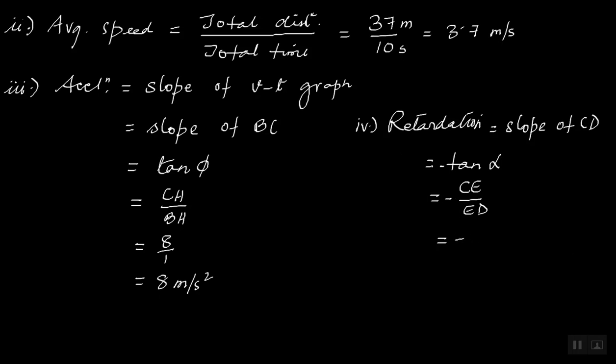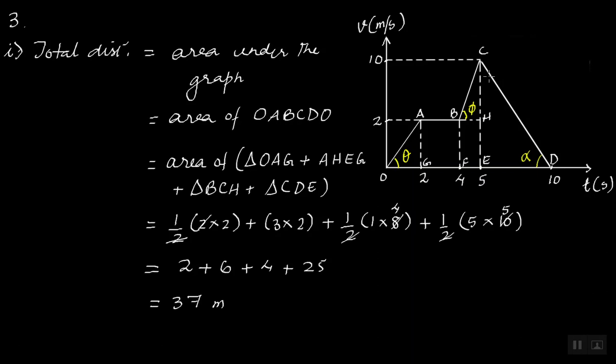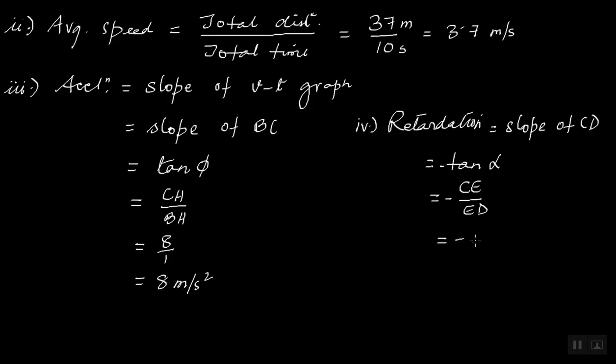So minus CE. CE here is 10 minus 0. That will be 10. And ED is 10 minus 5, that is 5. So this will be 10 divided by 5, minus 2 meter per second square. So that is our retardation.